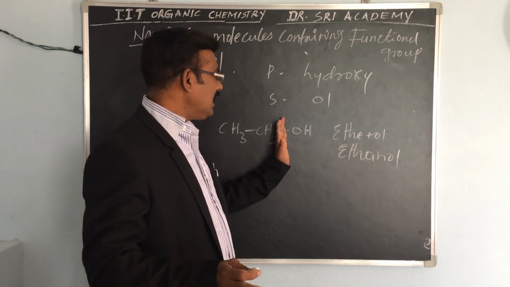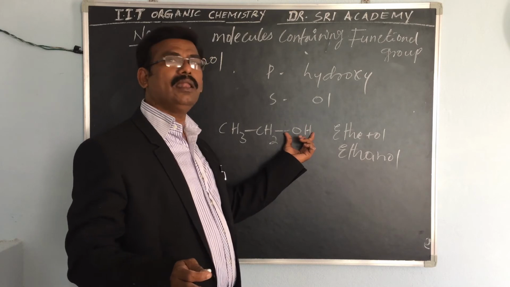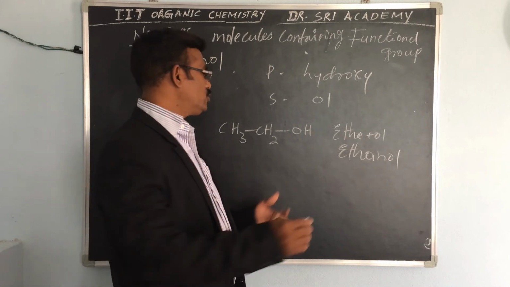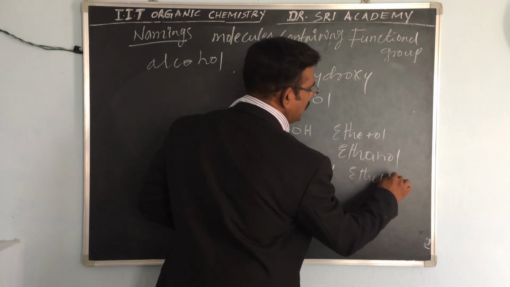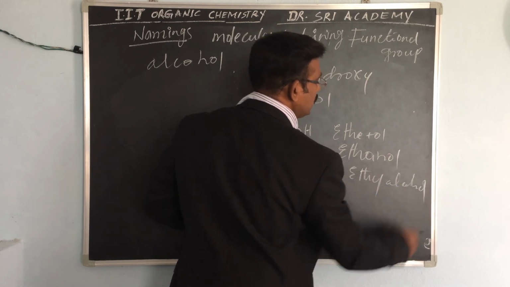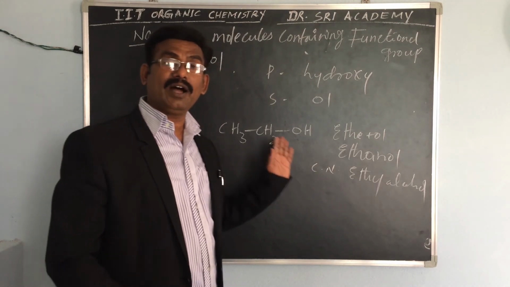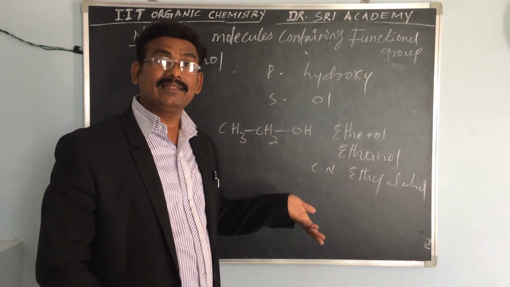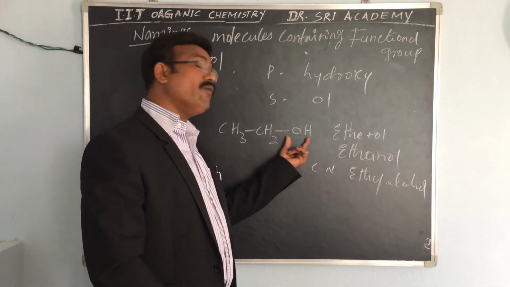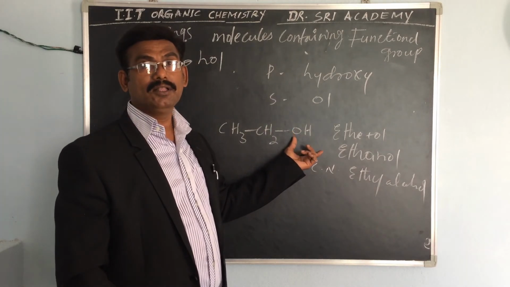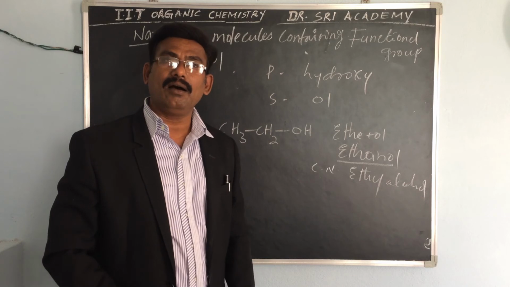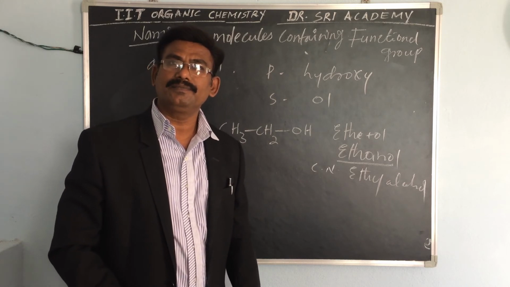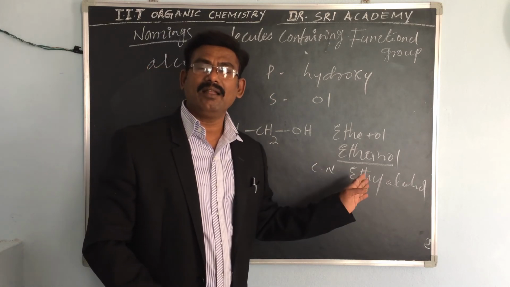So ethyl alcohol. So the common name is ethyl alcohol. Removal of one hydrogen from ethane is called ethyl. The ethyl group attached to the OH is the ethyl alcohol. So the IUPAC name is ethanol. Okay, this is about the ethanol.